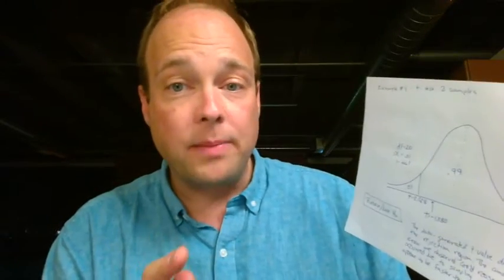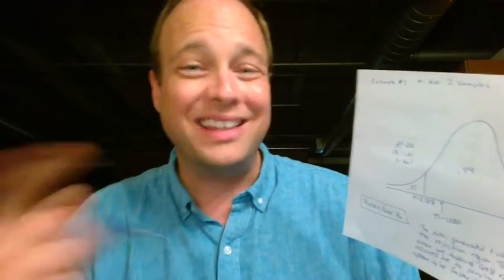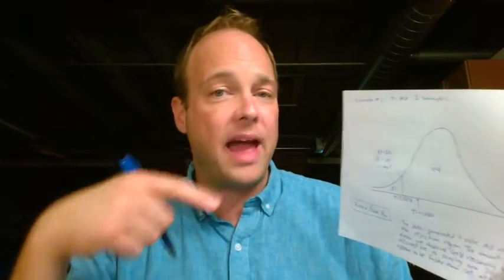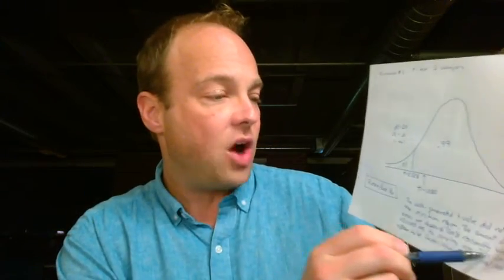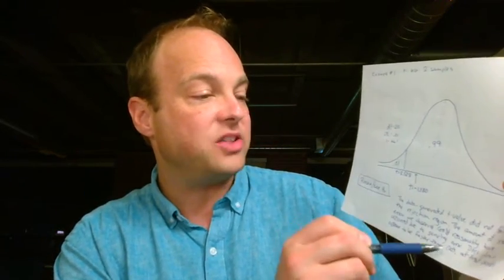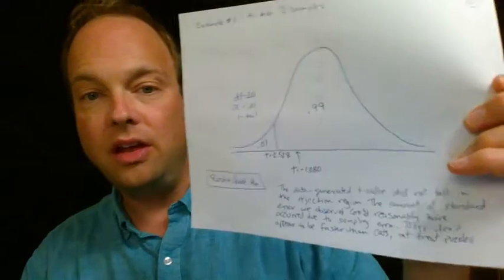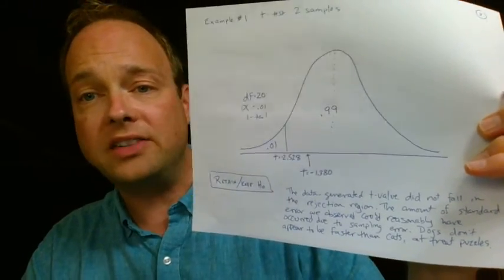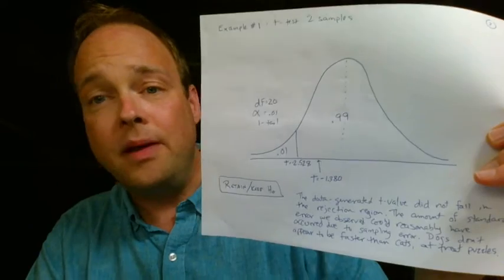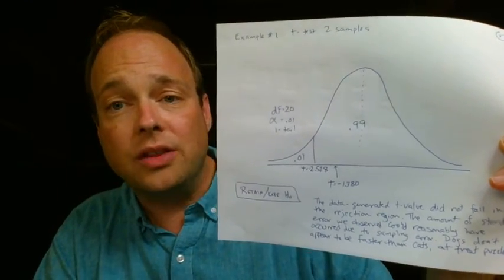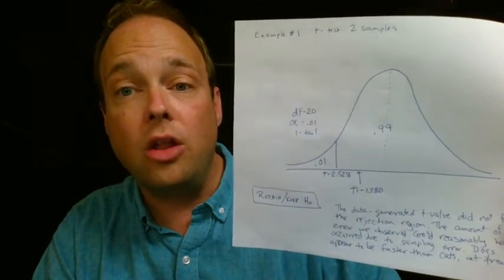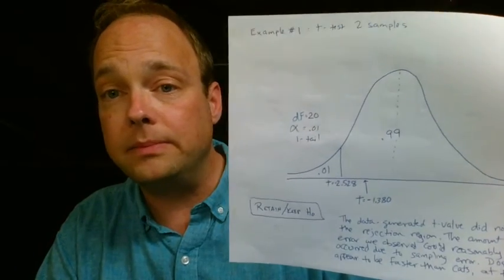But I added something as well. This is a very important point. Let's bring it back, always bring it back to the hypothesis. Dogs don't appear to be faster than cats at treat puzzles. Dogs don't appear to be faster. They had less time, but they weren't so much faster that it warranted rejecting the null. They are statistically the same, dogs and cats.